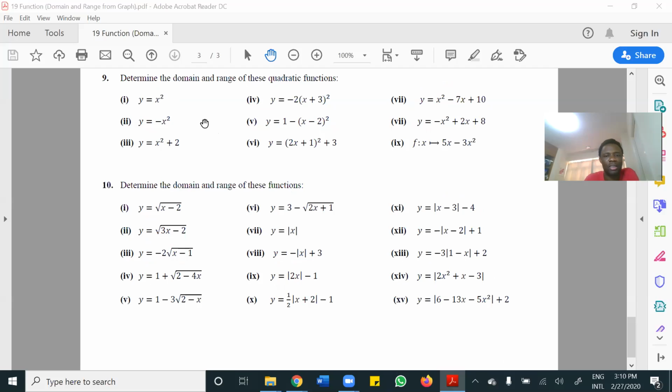So let's take this function. The range of this, can somebody try? The range will be what? Y equals x squared. The range will be what?